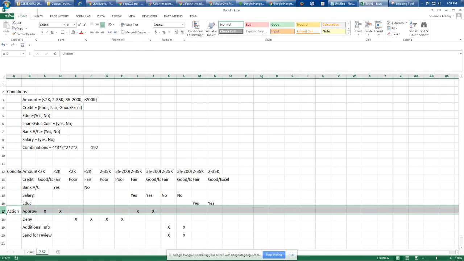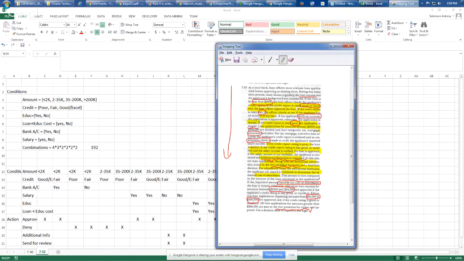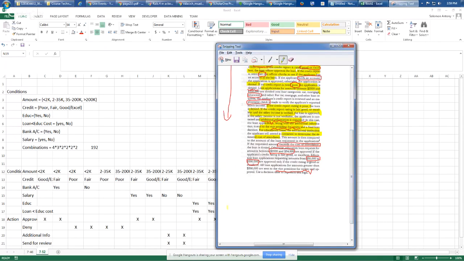In addition, let me insert this: we've got to make sure the loan is less than the education cost. If the loan is less than the education cost, then we approve it. That's what this line says. Otherwise, it's denied.